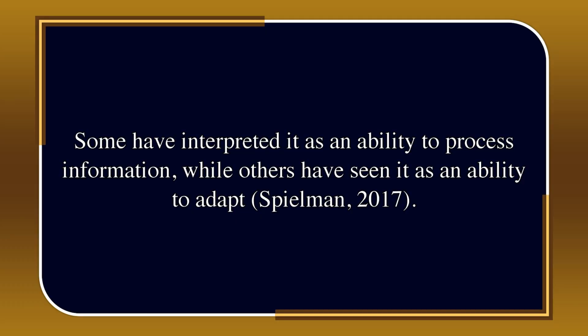Others define it as a collection of unique abilities that tend to be positively connected. Some have interpreted it as an ability to process information, while others have seen it as an ability to adapt. Despite the abundance of literature, the fundamental conceptual and universal essence of intelligence remains elusive, shrouded in disagreement and mystery.